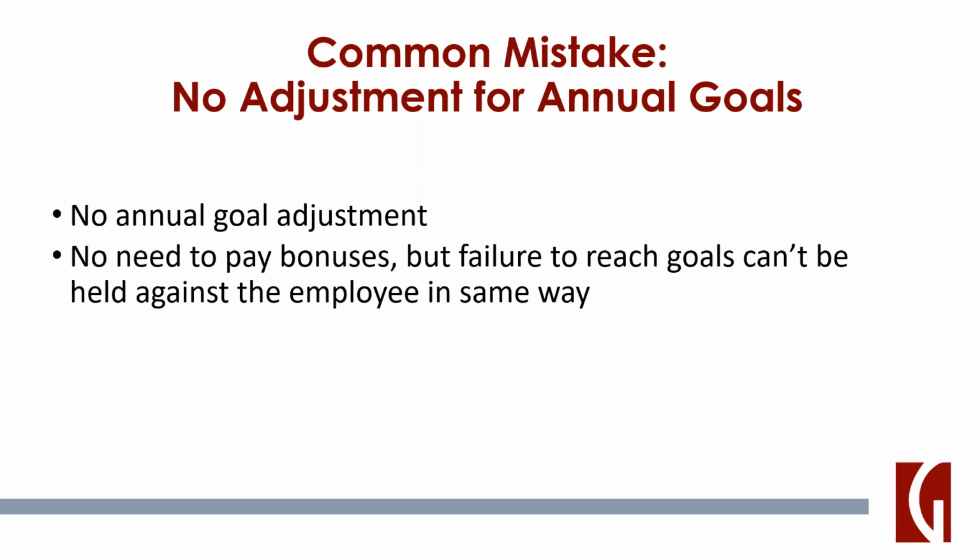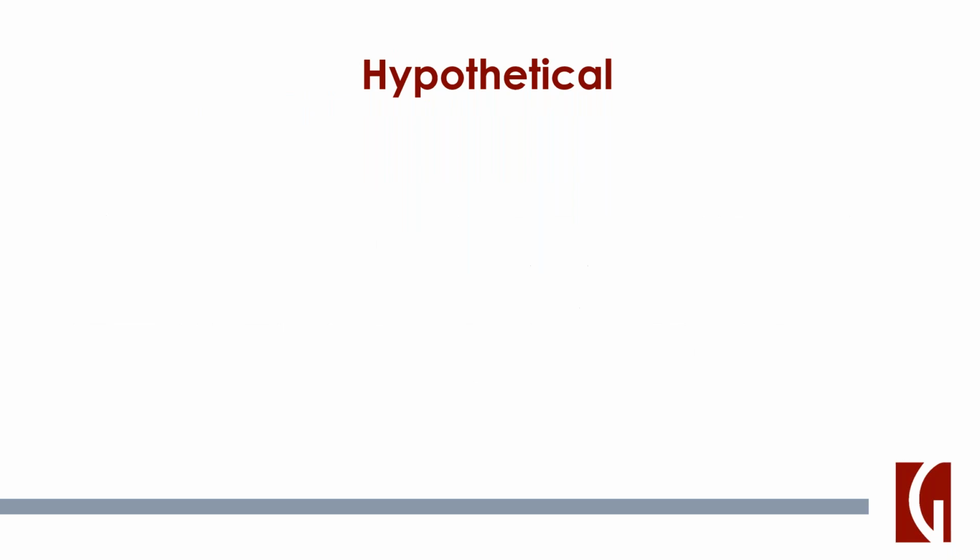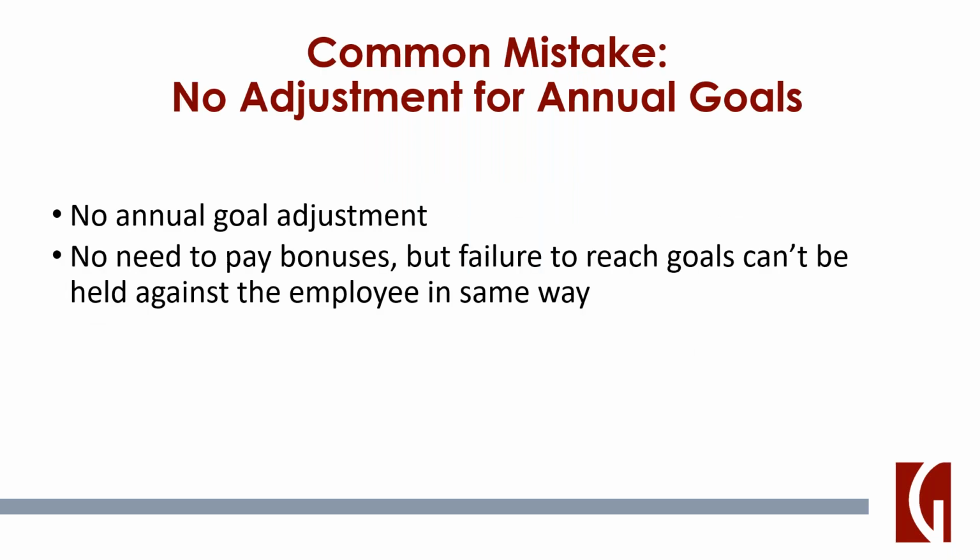This is another common mistake, especially in sales types of situations like Pam's, to make sure that there is an adjustment for those annual goals. So, again, FMLA requires that you restore the employee to their prior position or a virtually identical position, and that includes things like pay and benefits.